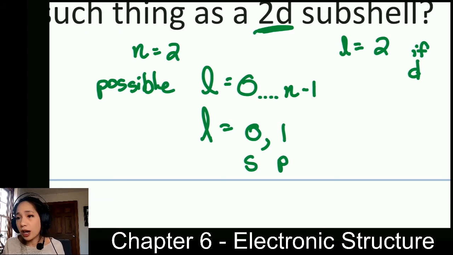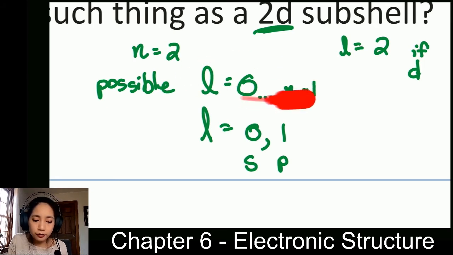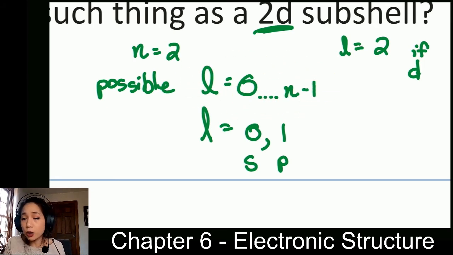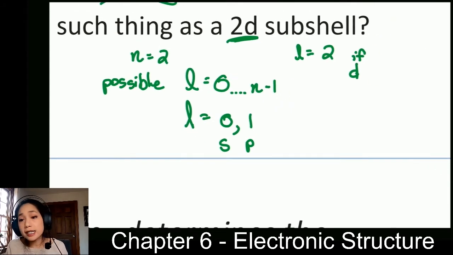So this is why there is no such thing as a 2d subshell, because of this definition of our secondary quantum number, that the only possible values are between 0 and n minus 1. There is such a thing as a 3d subshell because when n equals 3, we do have the possibility of L equals 2, a d subshell shape.